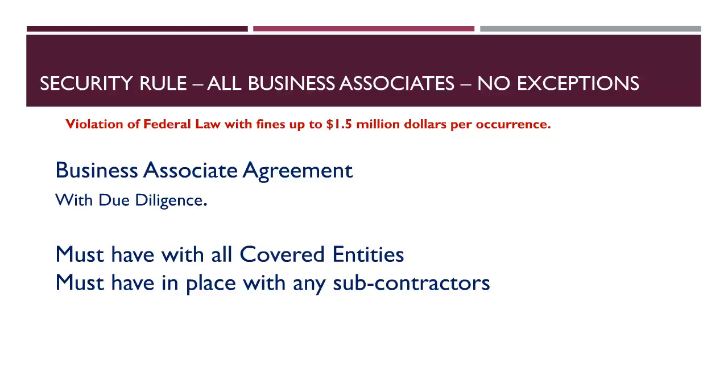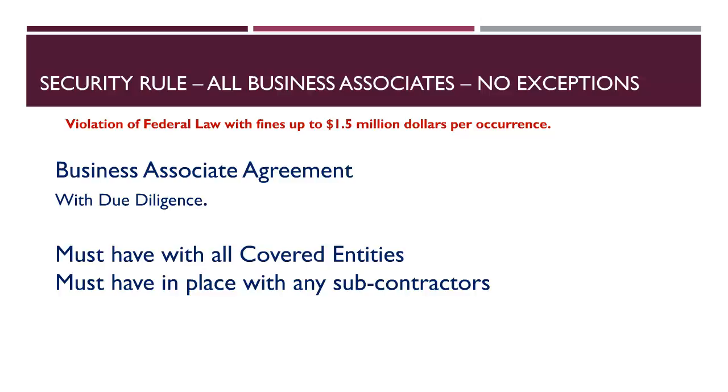A reminder, if you are a business associate and do not have a business associate agreement in place, you are in violation of a federal law that has a fine of up to $1.5 million per occurrence. So make sure if the covered entity has not given you a business associate agreement, you give one to them and make sure it gets signed.